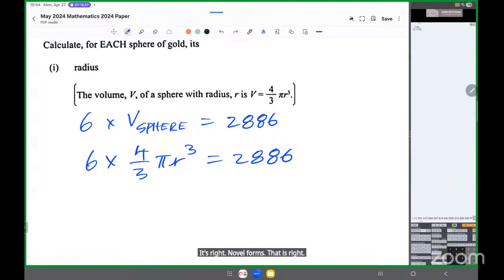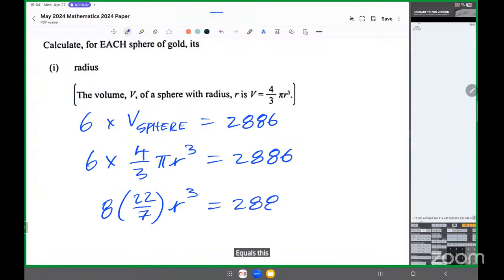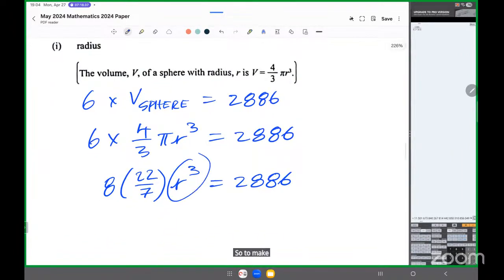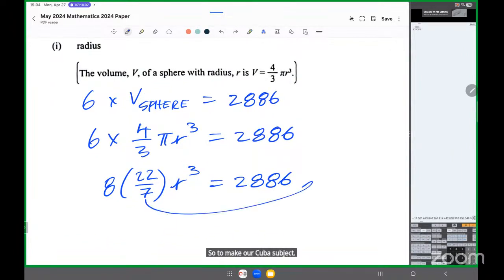So you're going to get 8 times 22/7 times r cubed equals 2886. To make r cubed the subject, we multiply by the 7, divide by the 22, and divide by the 8. Or if you like, you could multiply the 8 times 22 first.